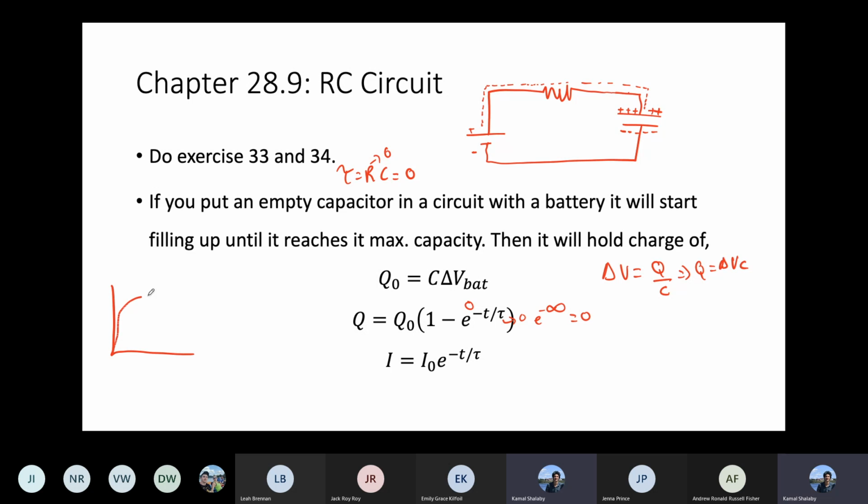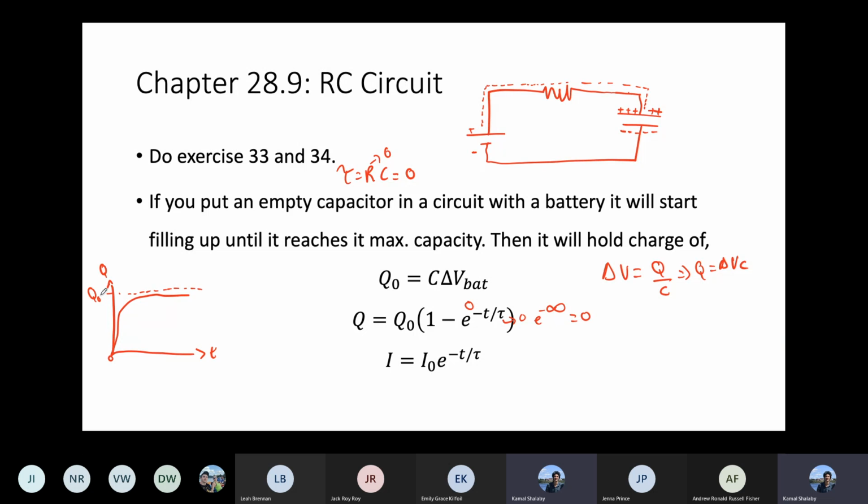This is Q naught, and this is time, and this is Q. In the beginning, it doesn't have any charge, so it wants as much charge as it can. You see it increases really fast in the beginning. Then over time, it has enough charge in it that it can't take any more, so it slowly takes charge and reaches something called an asymptote.